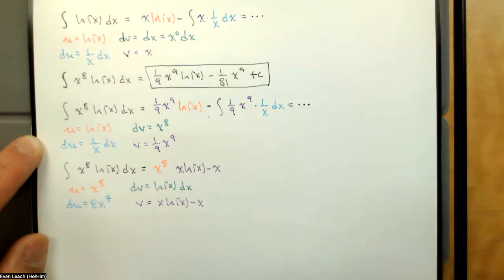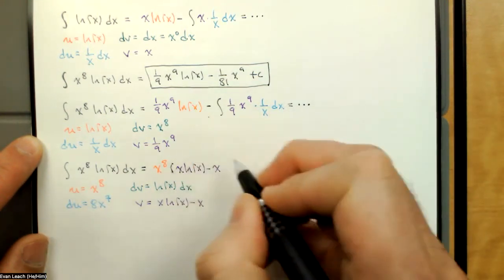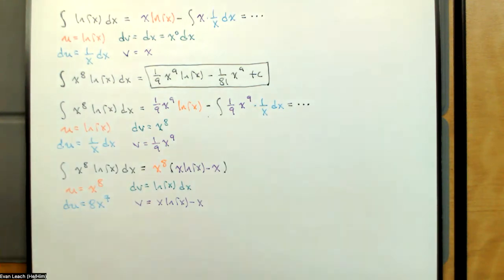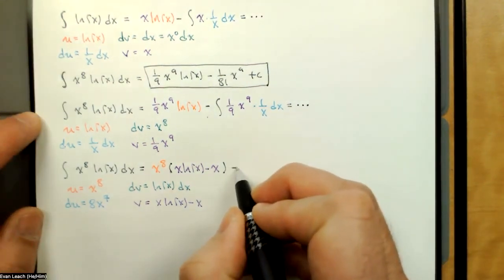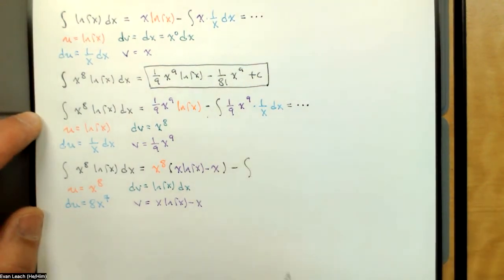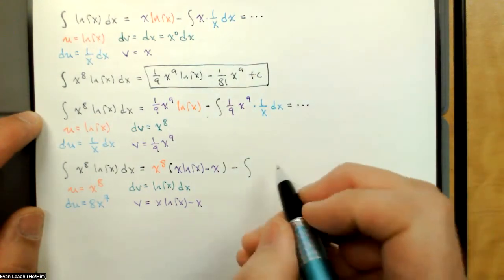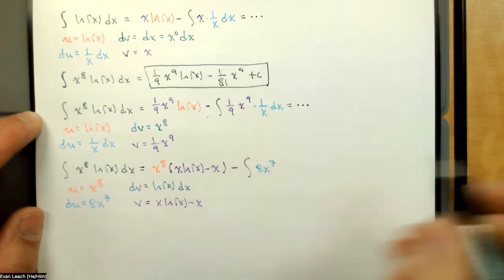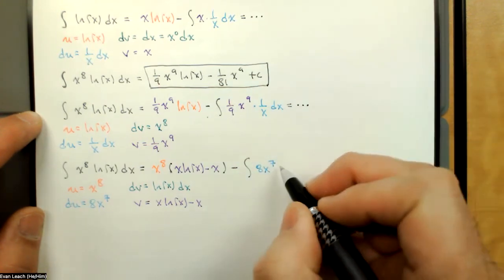Since I'm multiplying, and one of my factors has many terms, I will need parentheses. Minus the integral of v times du. I'm going to write the 8x to the 7th part first because I like that to go in front of my parentheses.